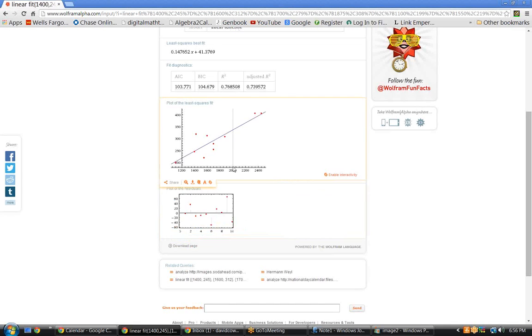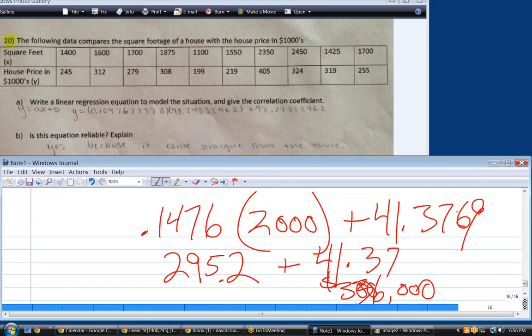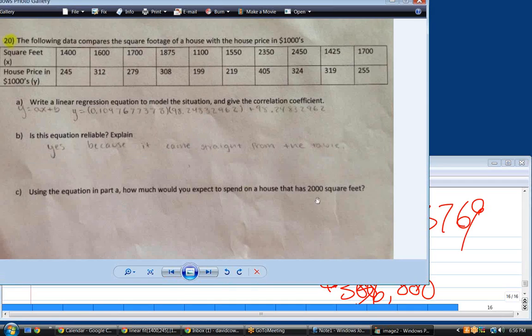If we go to 2,000 square feet and go up, we are at about 336,000 there. So I was wondering why it didn't fit with my answer, and that's because I had dropped a 1 when I was doing my answer. All right, so that answers C.